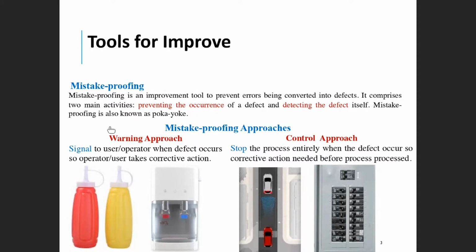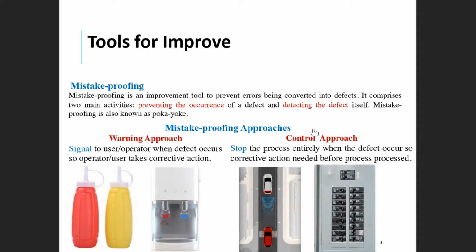Mistake proofing works by preventing the occurrence of the defect, preventing the error from being converted to a defect. It detects the defect, and it works in two approaches. The first is called the warning approach, and the second is the control approach.